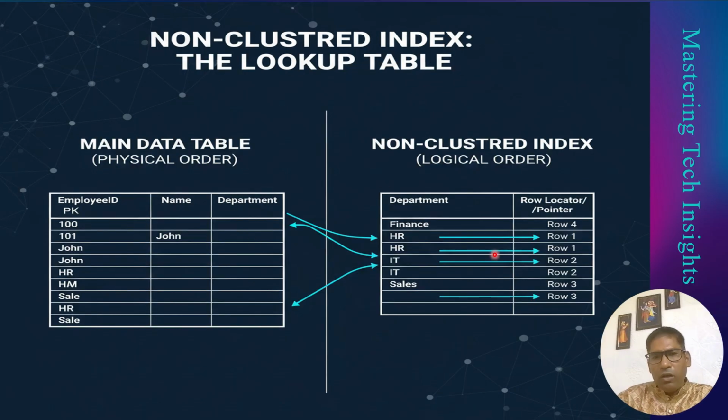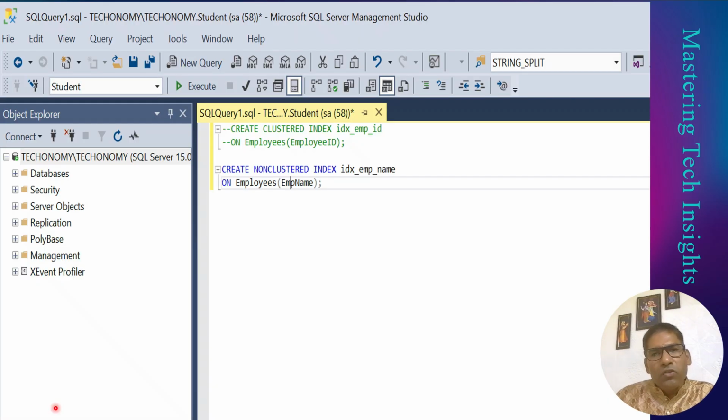Next, the non-clustered index. Unlike a clustered index, a non-clustered index creates a separate structure from the data itself. It looks like a lookup table that points to the actual data rows. Here, the index stores employee name with pointers to the actual data rows.